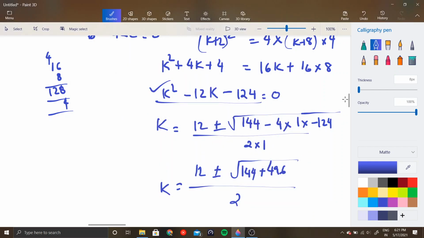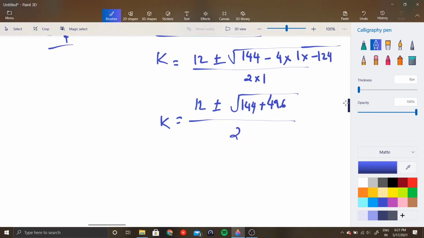Okay guys. So this is 12 plus minus root 640 by 2. Okay. So what is root of 640? It is not a perfect square, so it is basically 8 root 10.